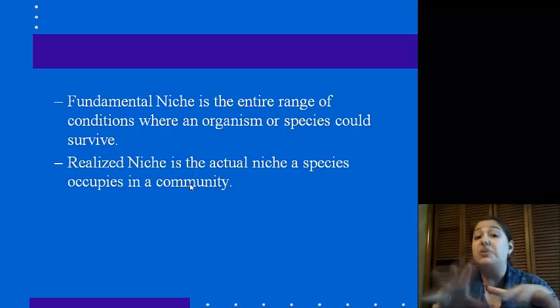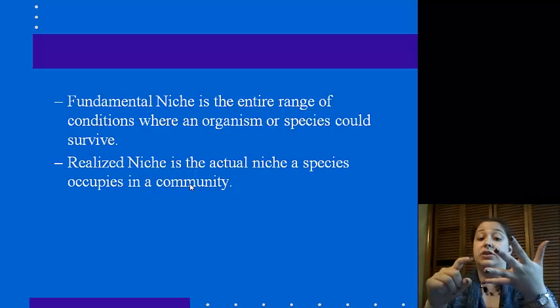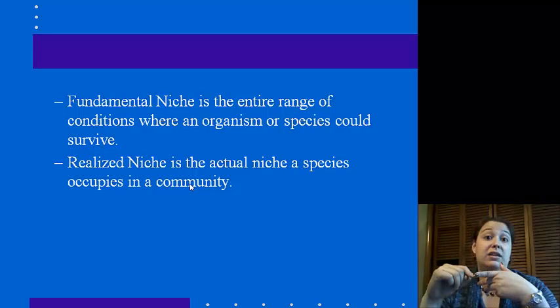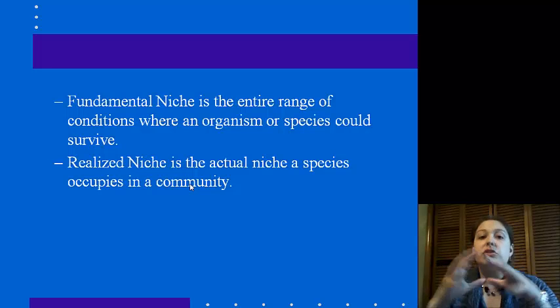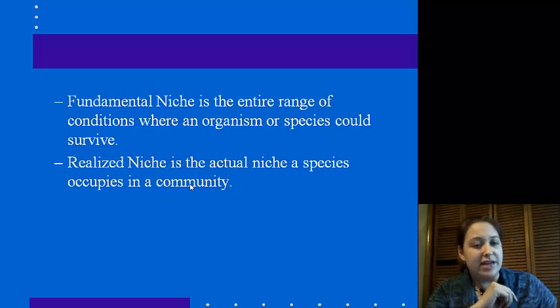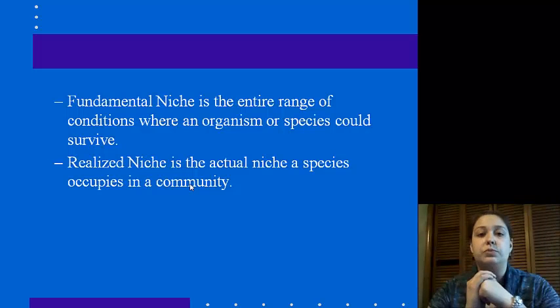Now, fundamental niche, I could be a teacher, I could be a tutor, I could do daycare, I could go and help out with environmental management, I could go work for the CDC. So all of my different ranges would be my fundamental niche. Those are places where I could survive. Now my realized niche, my actual job, would be a teacher. That is what I do.